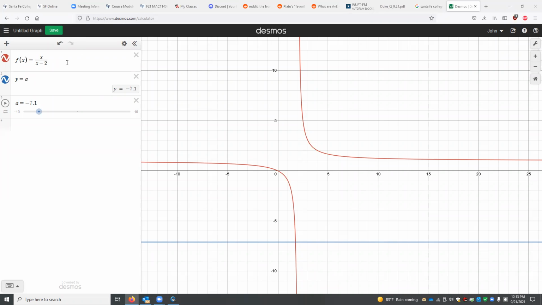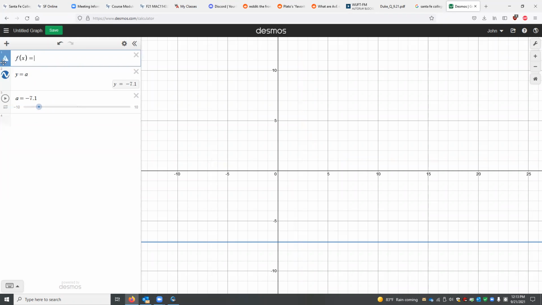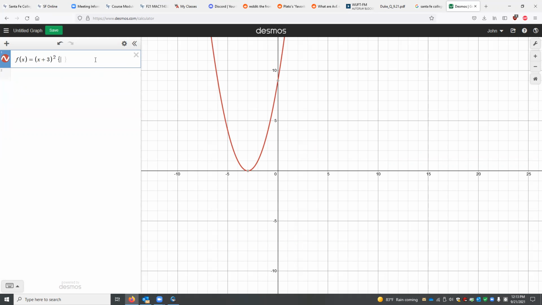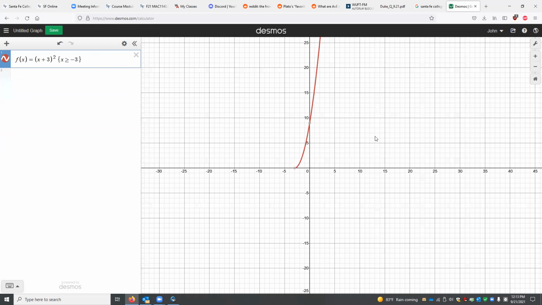That's okay. All right. So my original function was this guy, right? And I chose to restrict the domain. Here's how you do this in Desmos, to this set. x is greater than or equal to negative 3. So I'm throwing away the left half of the parabola.